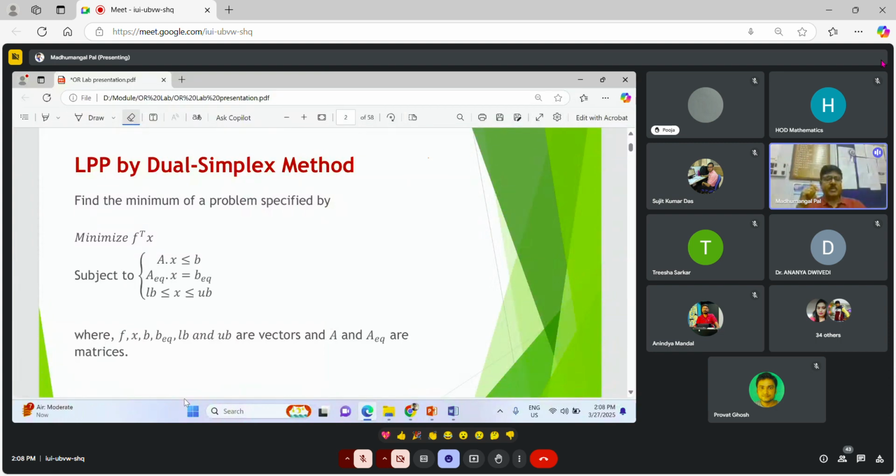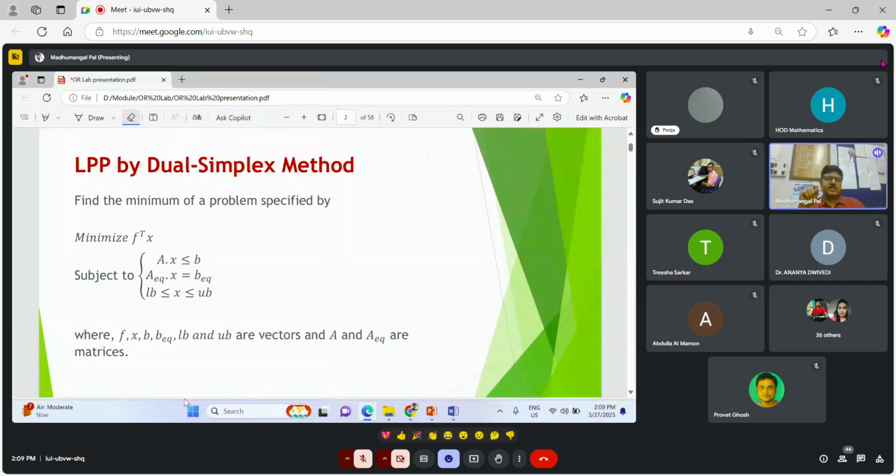And I have already mentioned that there are three types of constraints: less than or equal to type, greater than or equal to type, and equality type constraints. So this is the general form of the standard LPP. But in our MATLAB programs, all the greater than or equal to constraints can be converted to less than or equal to constraints, or slack form constraints.